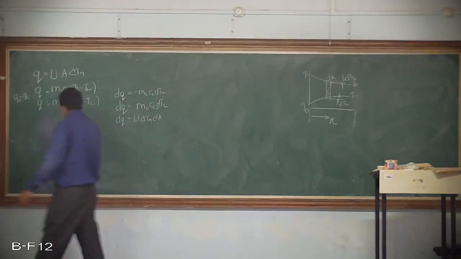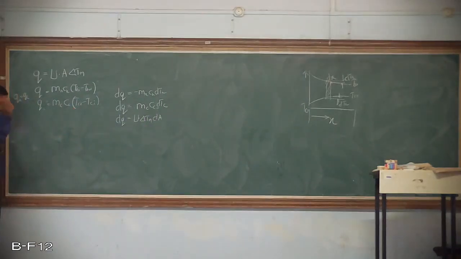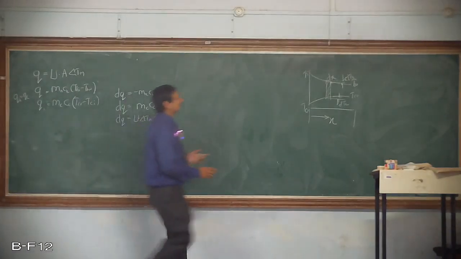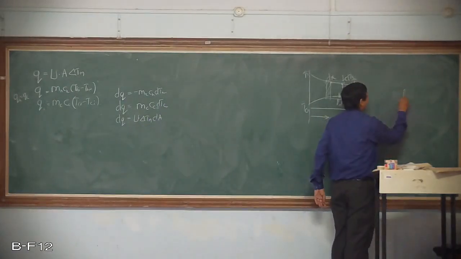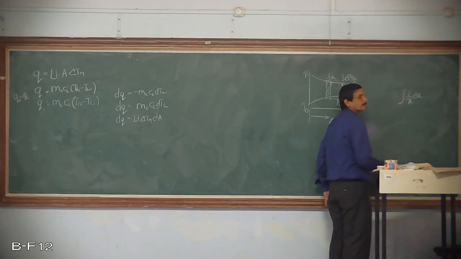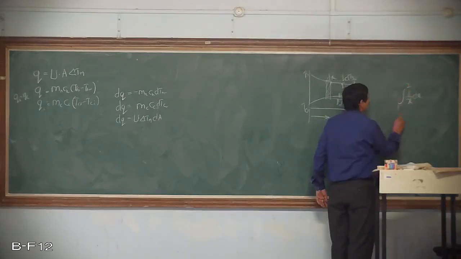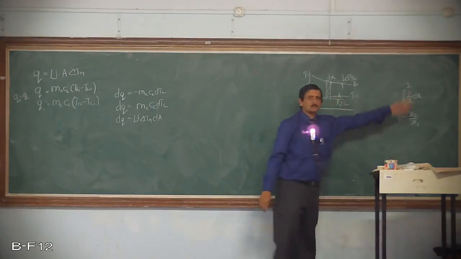Before I proceed to the next step, something from your mathematics. Let me write it here. Can anybody tell what is the integration of 1/x? From 1 to 2, it will be ln of x2 divided by x1. Hope all of you know it.